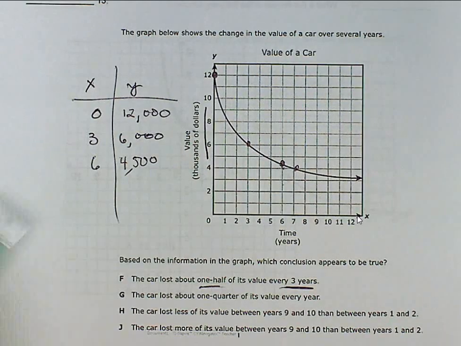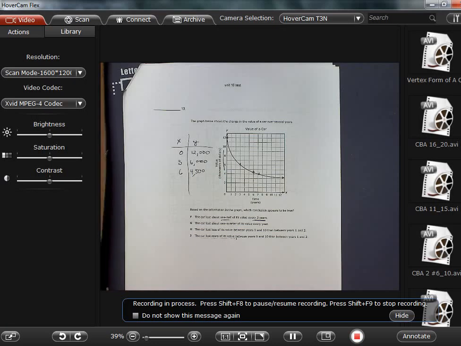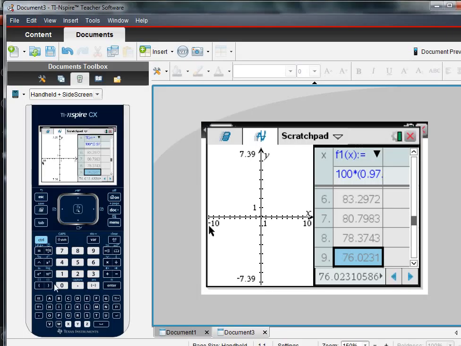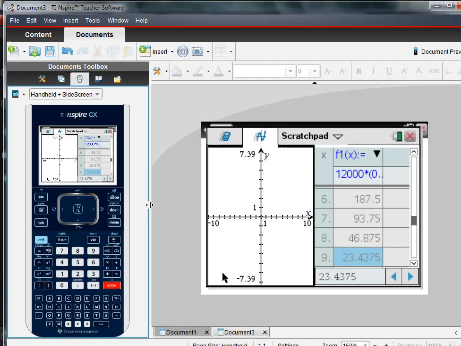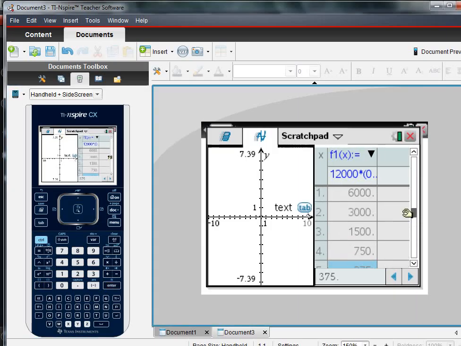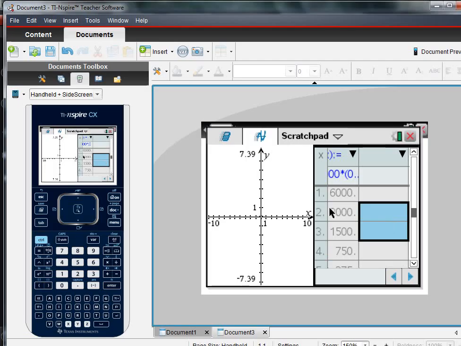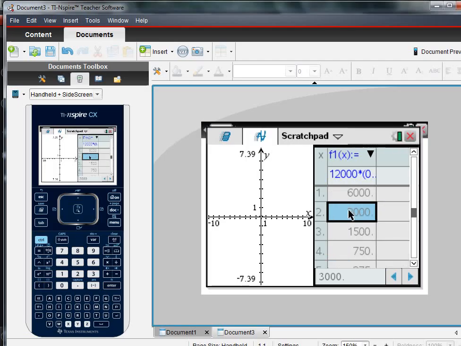Well, what that would look like as a graph is, I would take 12,000, and then it's going to lose half its value, so it's going to be depreciating by 0.5 raised to the x power. So let's take a look and see if this actually fits using our graph. So the 6,000 fits, but the 3,000 does not. So A is out.